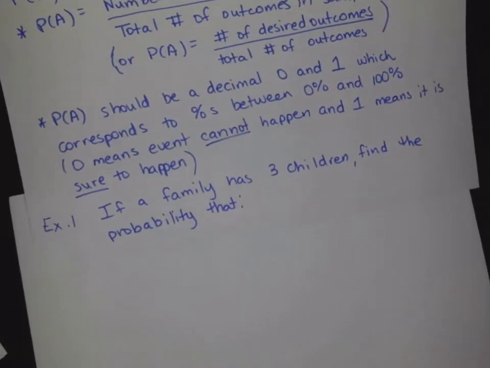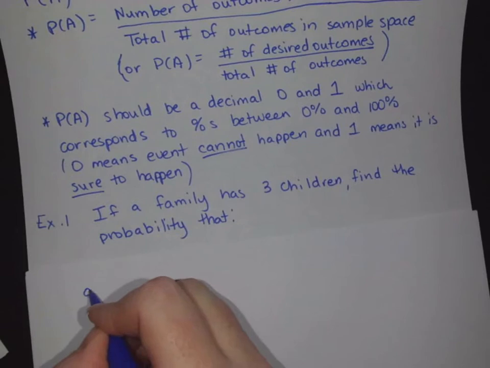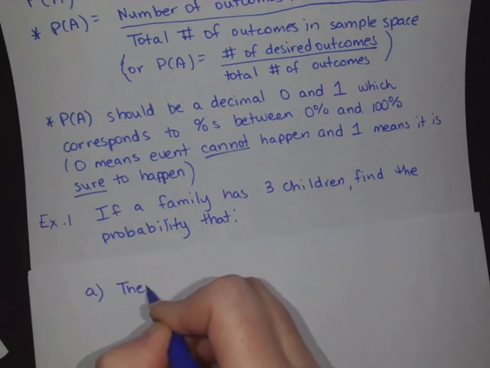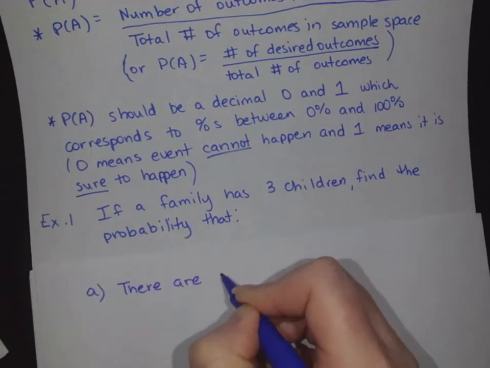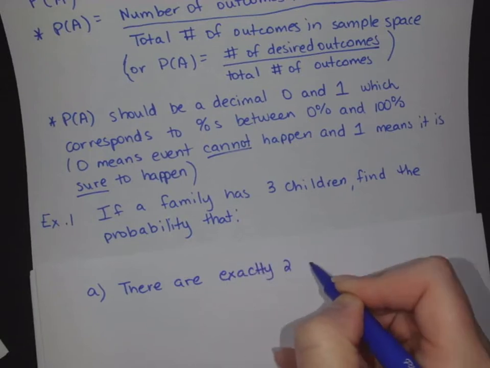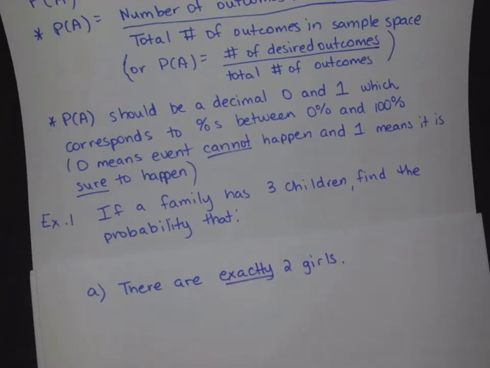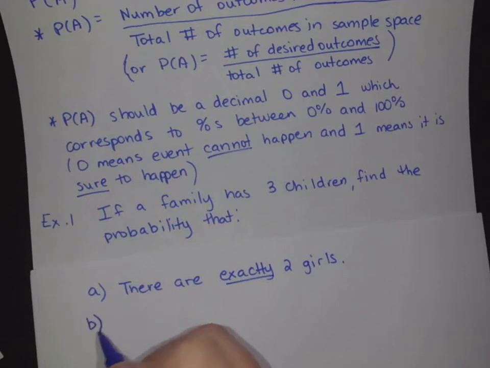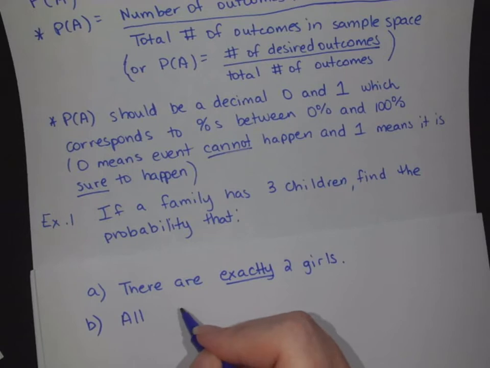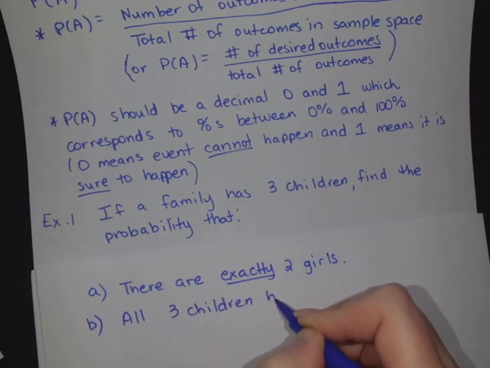The first one I want you to find is the probability that there are exactly 2 girls. Exactly 2 is different than just saying 2, because 2 could mean 2 or more. So exactly 2 means just what it sounds like, just 2. And the second thing is I want you to find the probability that all 3 children have the same gender.